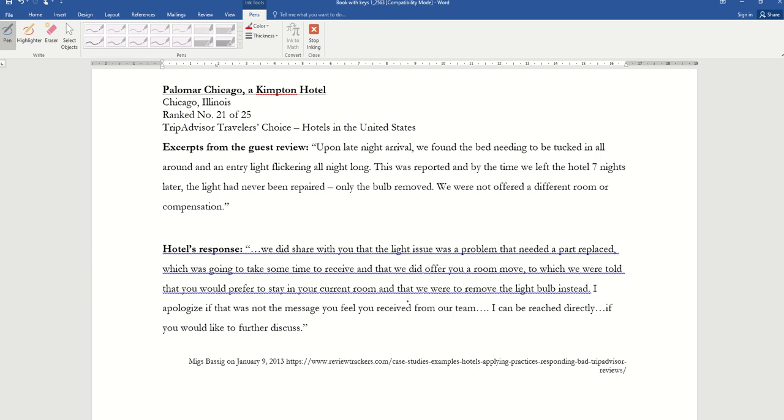Because from the hotel response here, it seems that at that moment, guests informed them there was a problem, and hotel staff tried to offer room changing, but they said no. So the guest is always right, but not in this situation.